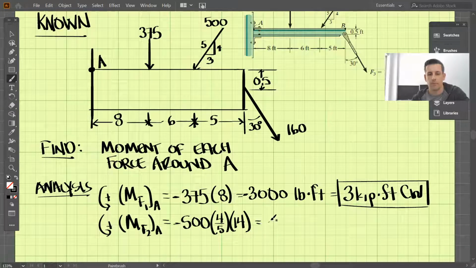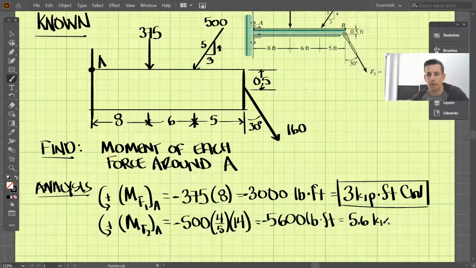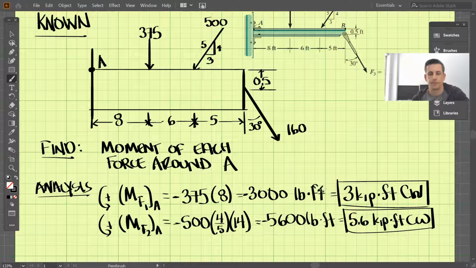And that comes out to negative 5,600 pound feet. Since it's negative, we know it is opposite of our sign convention, so that is 5.6 kip feet clockwise. And that's our second answer.